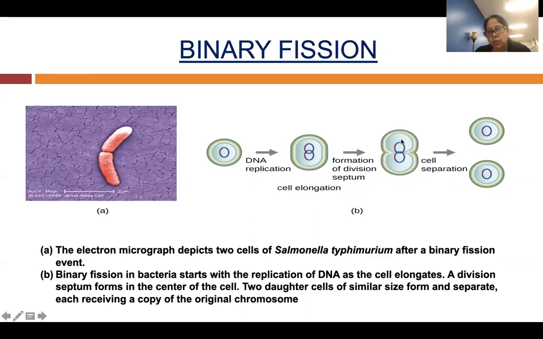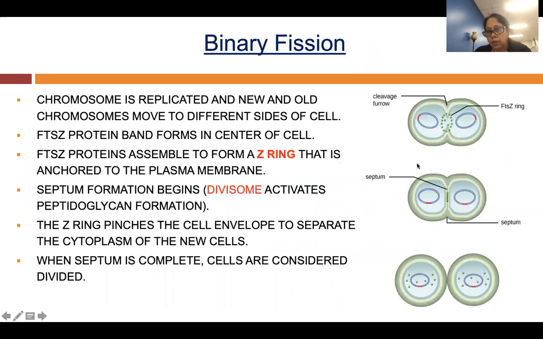Then the two sets of chromosomes go to both poles of the cell, and in between the chromosome materials, the plasma membrane and cell wall originate. That's how the cytoplasm division occurs, and ultimately the two cells completely separate from each other. So the first step is chromosome division, and then the cytoplasm division.